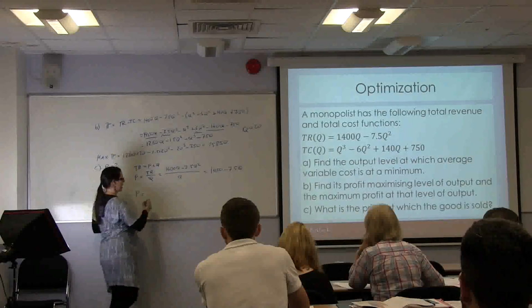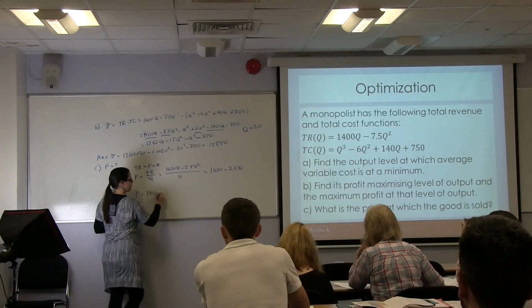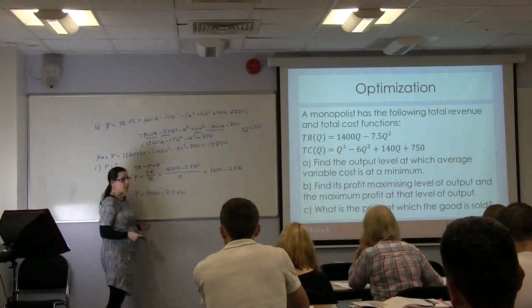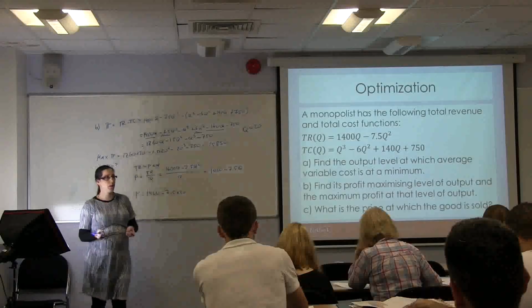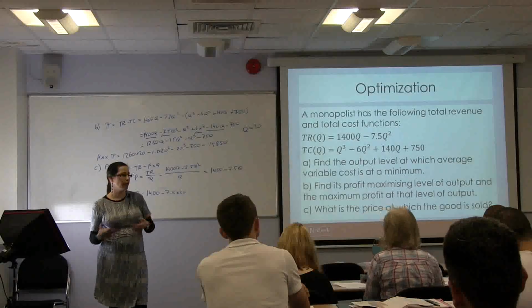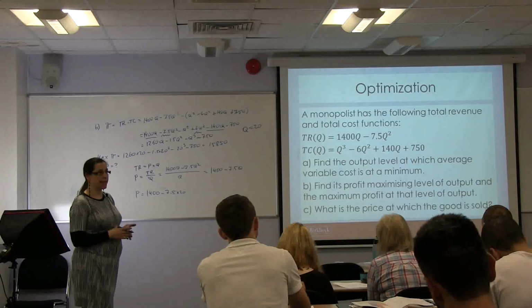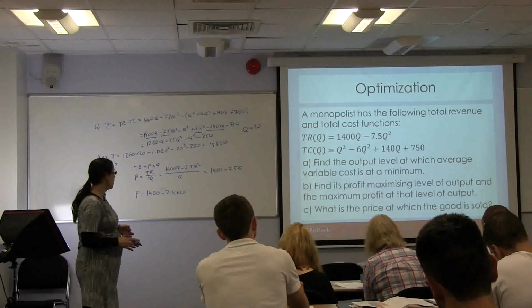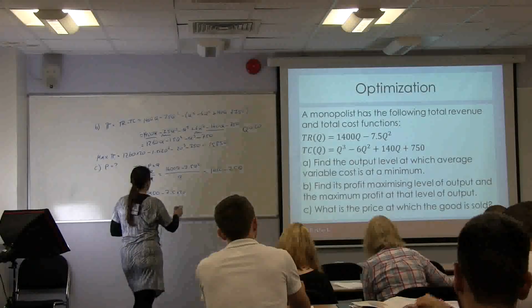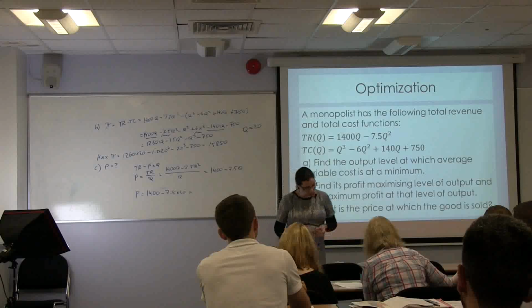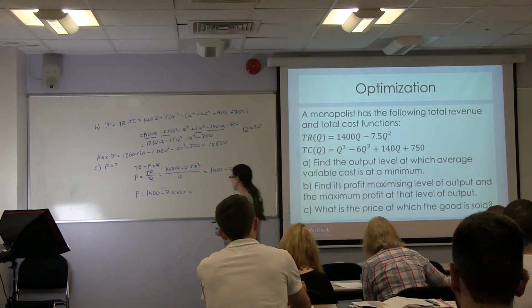Just plug the Q back in, what I found. Because obviously you want to sell the product at the profit maximizing price, and that comes from the profit maximizing level of output. So that should be 1,250.